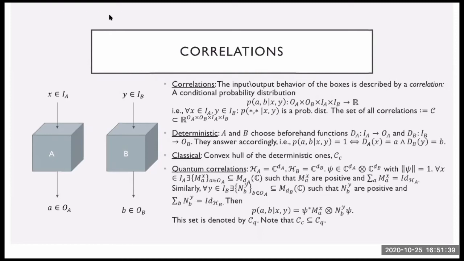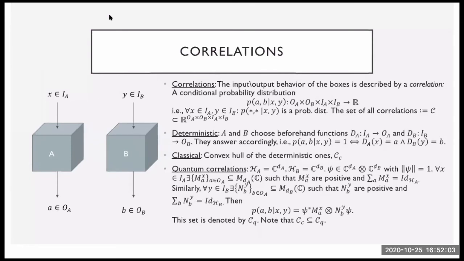Okay. You can define it this way, but it's just true that every distribution is a convex combination of deterministic choices, right? It depends on what you mean by distribution.